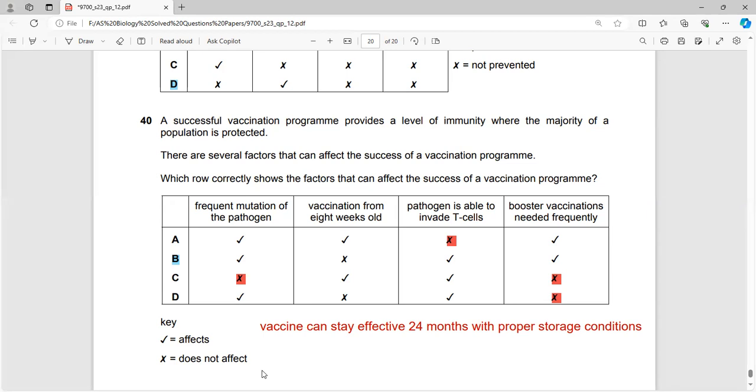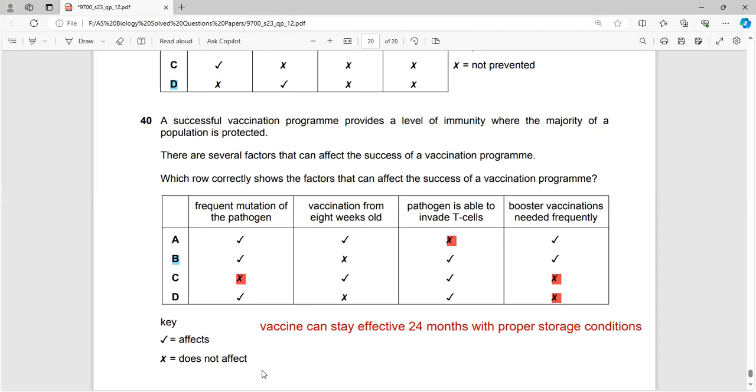So the pathogen can hide itself inside the T cell, or white blood cell. So the vaccine cannot work on a pathogen which is present inside our immune cell. Why? Because the immune cell can kill others, but it cannot kill itself. So that's called pathogen concealment.